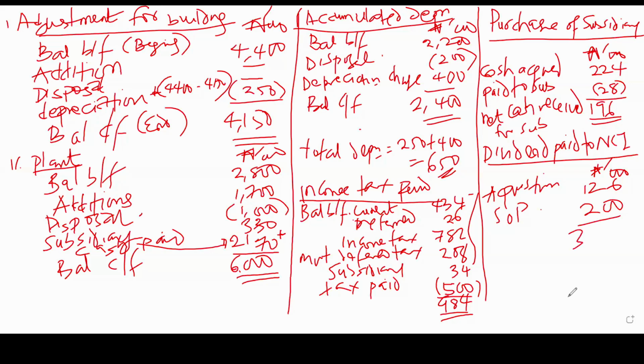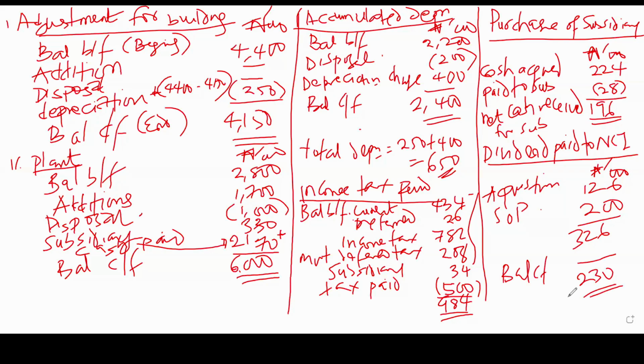But if you look at the equities under SOFP, you see NCI showing there as 230. So the balance carried forward was 230. Now that 230 shows that we have a reduced amount than what we should have had.